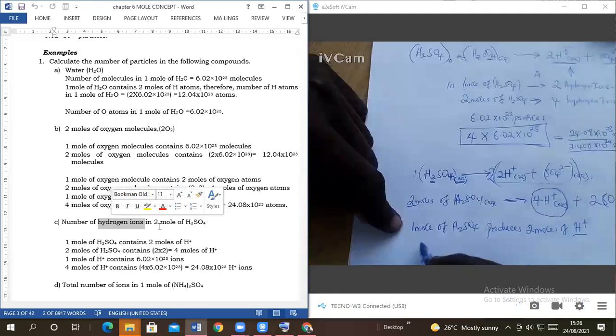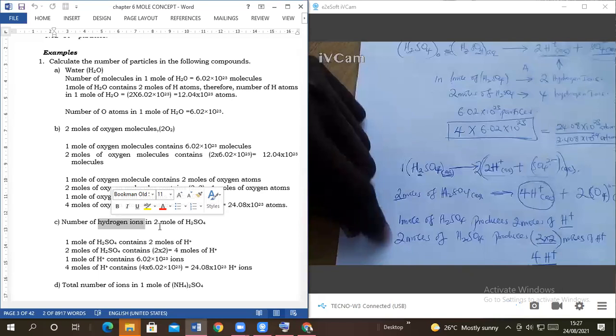What does it produce? It produces 2 times 2 moles of what? Hydrogen ions. So here we shall have how many? 4 hydrogen ions. Good.